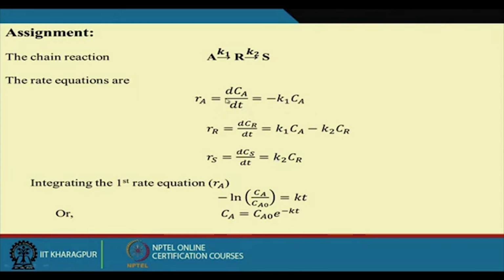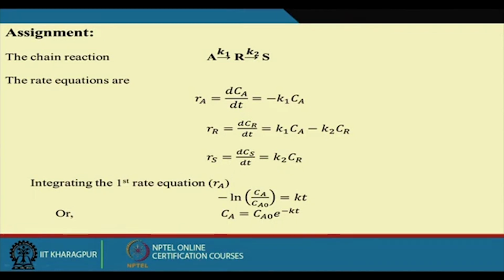Now we know the rate equation. This is RA equal to dCA by dt, minus K1 into Ca, and RR equal to this, which is the rate of forward reaction, and this is the rate of backward reaction, K2 into Cr, that we have seen in the last class.